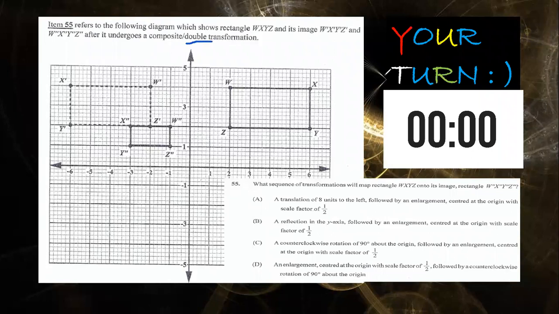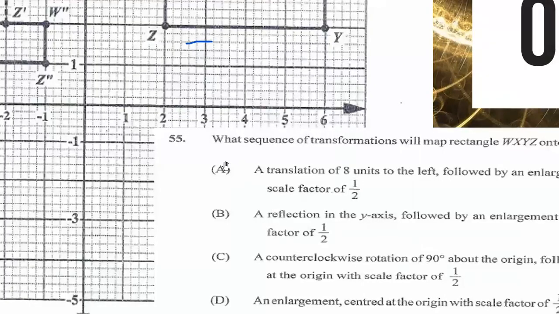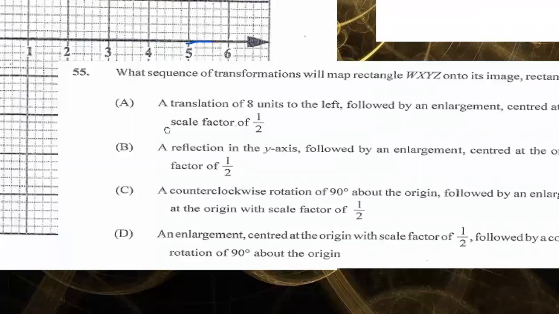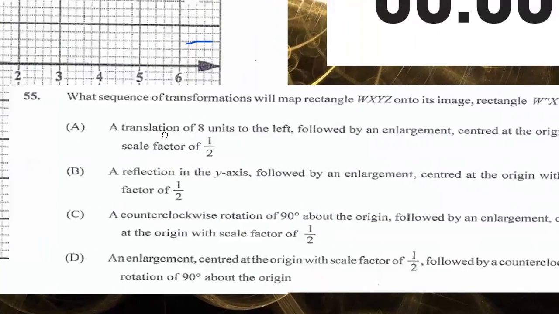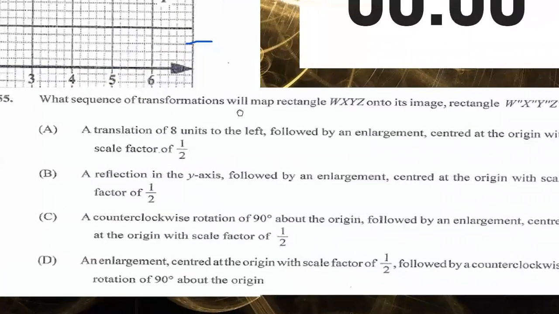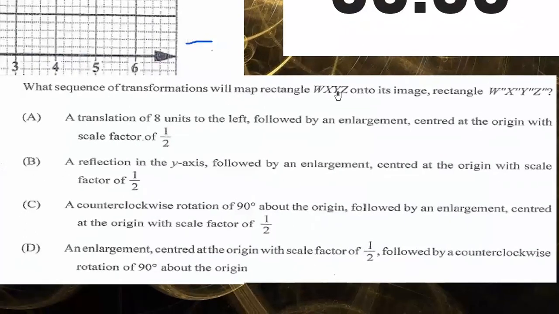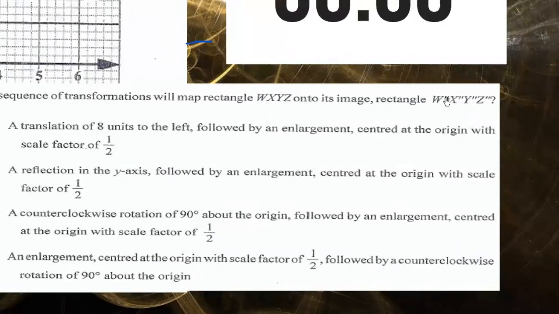Double. What does double mean? There are two transformations. Okay, so let's look at the cases that we have. So the question says, what sequence of transformations will map rectangle WXYZ onto its image W double prime, X double prime, Y double prime, and Z double prime?